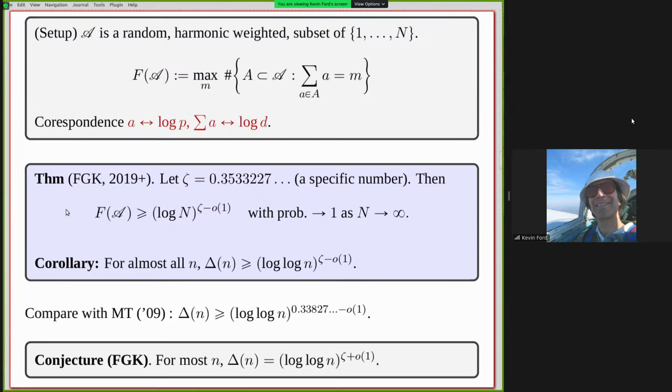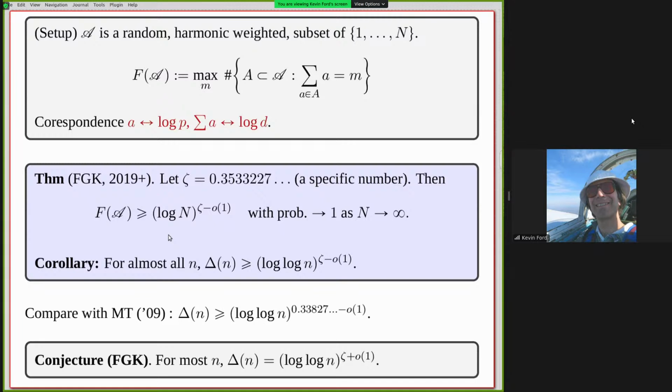So our new theorem is that for this particular number here, the concentration function of our random set is larger than log n to this exponent with high probability. And as a corollary, we show that the delta function is greater than log n to the same exponent for almost all n.